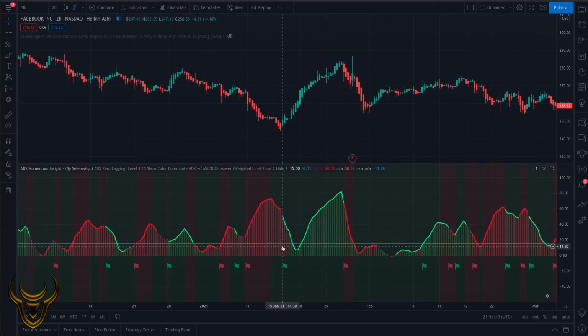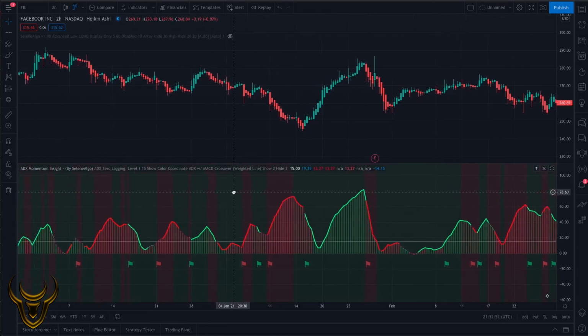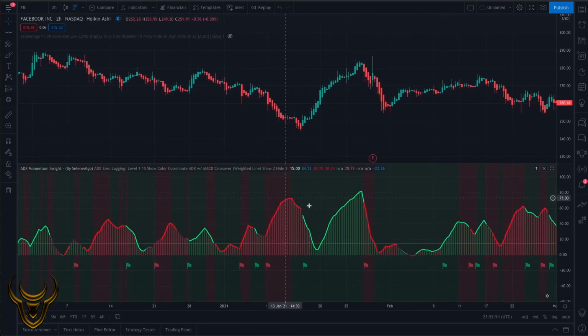Typical rule of thumb as well: whenever you get these sharp peaks and a quick little crossover, a quick direction change, that's usually a very good indication that it's going to make a sharp and quick move in the opposite direction. So obviously if you have decreasing bearish momentum, you're going to have increasing directional movement, and vice versa.